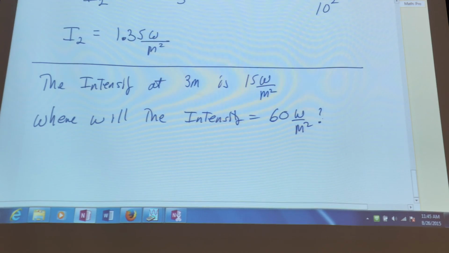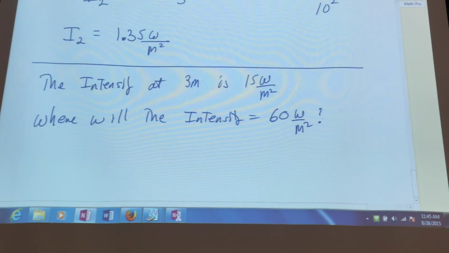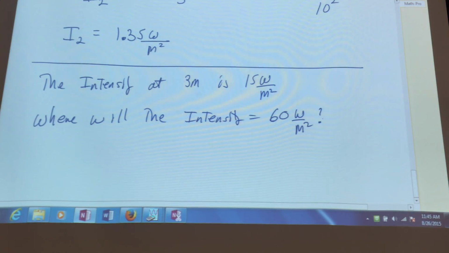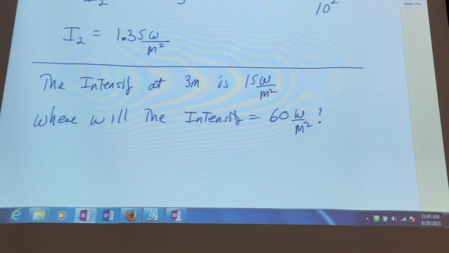The intensity at 3 meters is 15 watts per meter squared, same numbers we were using earlier. Where will the intensity be 60 watts per meter squared? And you're using the same equation.